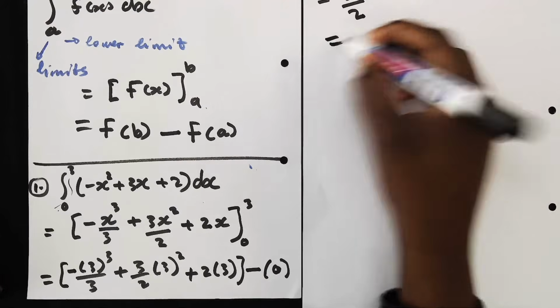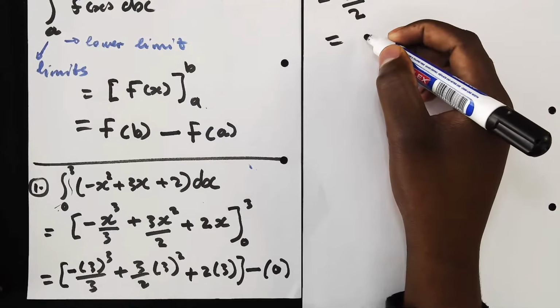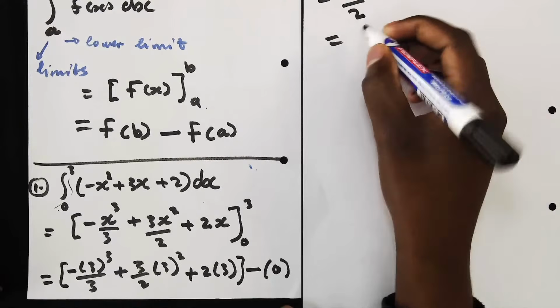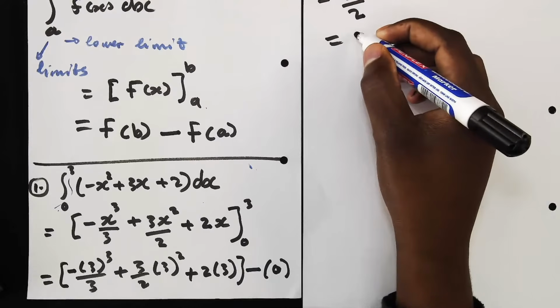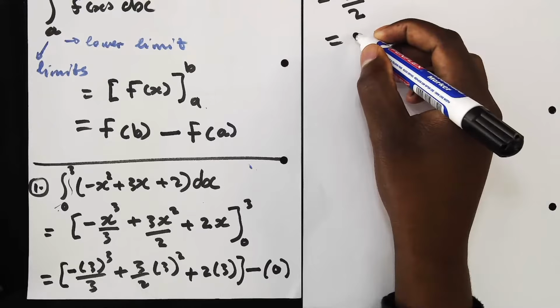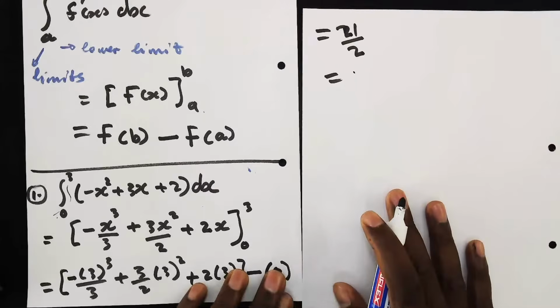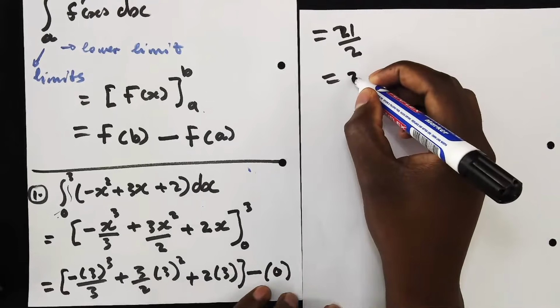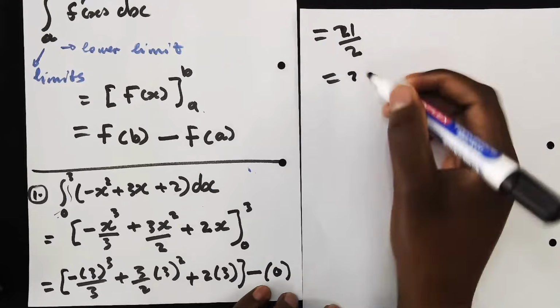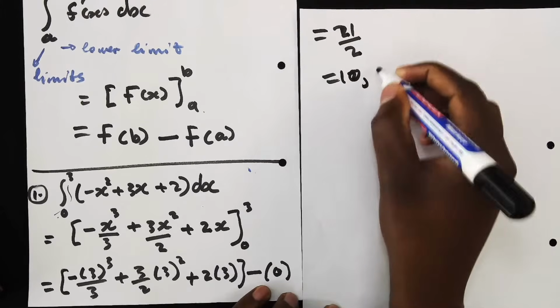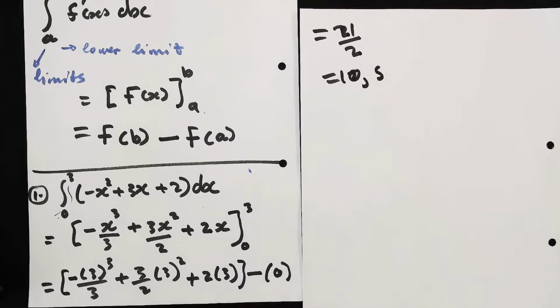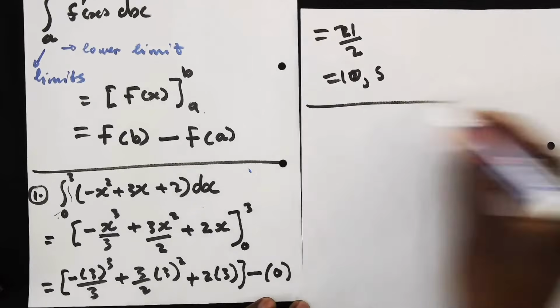Expressing it in decimals, it is 10.5. So that's how we deal with definite integrals.